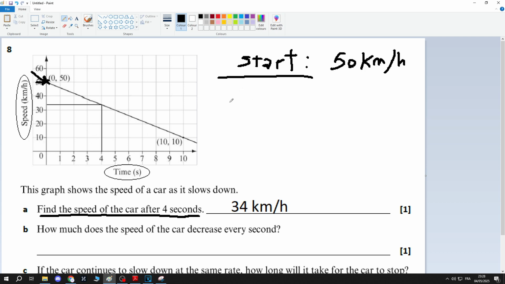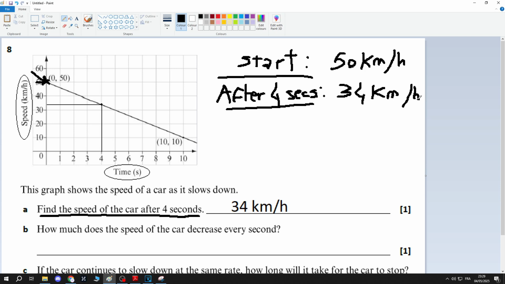And after 4 seconds, because we've already answered it in A, remember, it's at 34 kilometers per hour. So in the span of those 4 seconds, the car has decreased its speed by 50 minus 34, which gives me 16 kilometers per hour, right? So it decreased by 16 kilometers per hour in exactly 4 seconds.